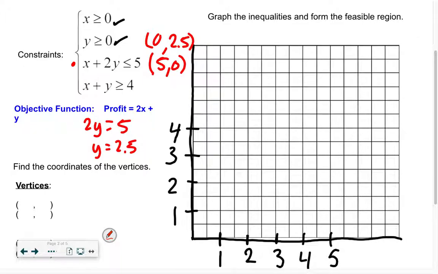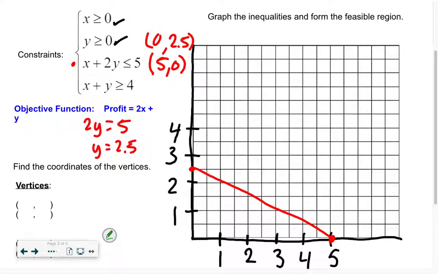Okay, so let's plot them. I have (5, 0) and (0, 2.5). And then I'm going to try my best to draw a straight line. Hopefully yours is better than that.